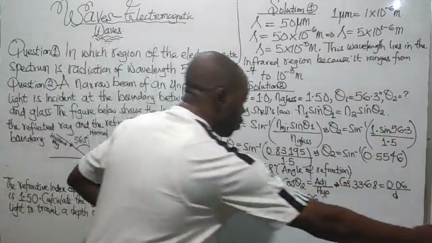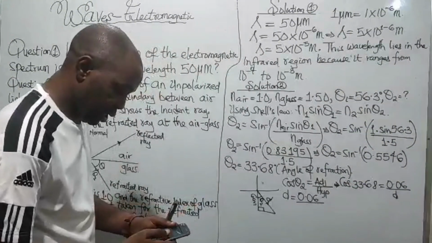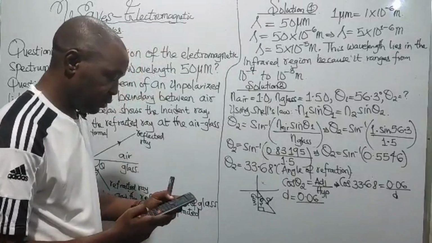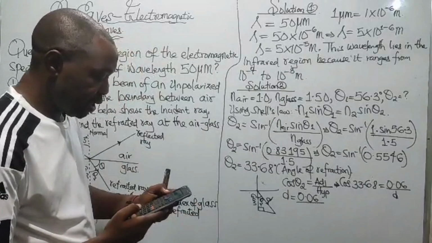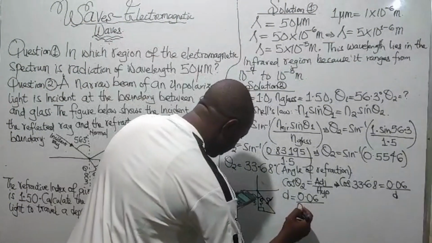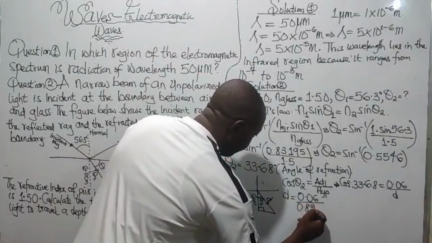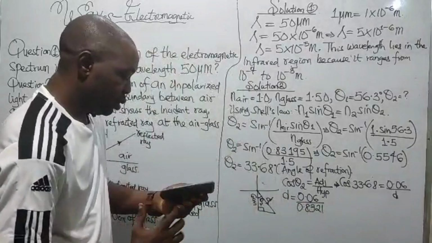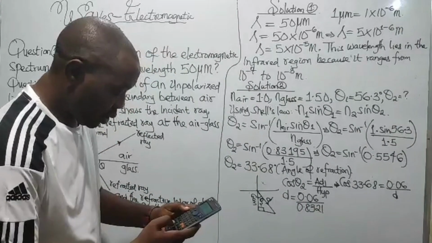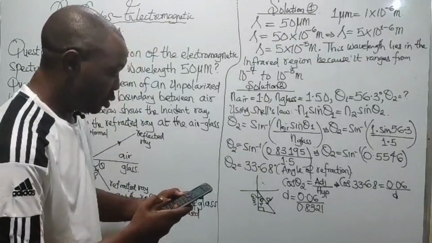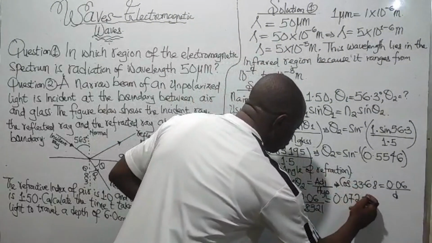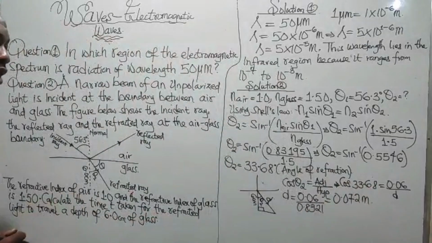The value of cos 33.68 is 0.8321. So 0.06 divided by 0.8321 is 0.072 meters. That's the distance.